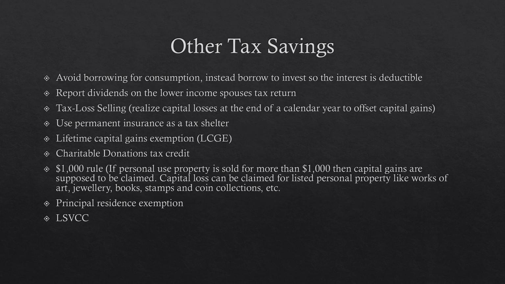There are some other tax savings. So you can avoid borrowing for consumption, instead borrow to invest. So the interest is deductible. So what that means is instead of borrowing to buy a car, instead you use money from your non-registered account, buy the car outright, and borrow to invest in the non-registered account.